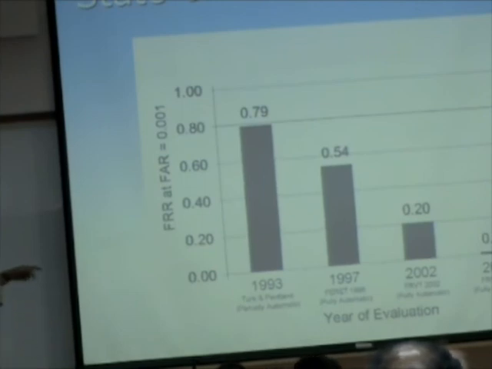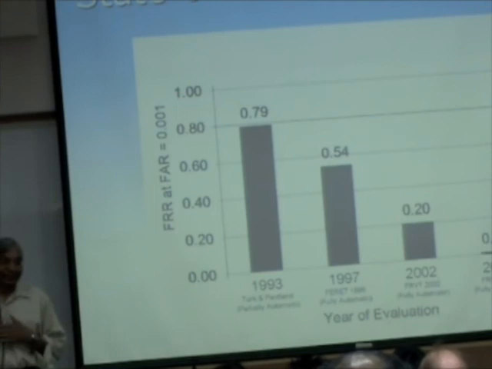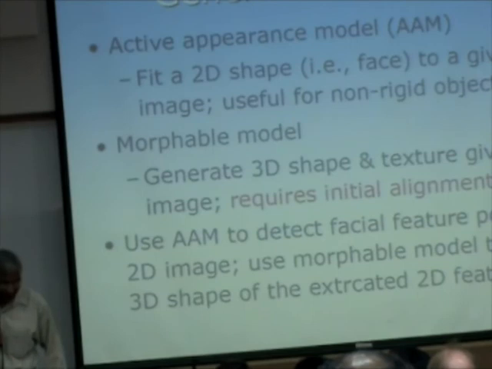And this is the performance, the genuine accept rate at a false accept rate of 0.1%, and how the false reject rate has been dropping at a fixed false accept rate. So there has been performance improvement, but for large scale, uncontrolled face acquisition, the performance is still not satisfactory.